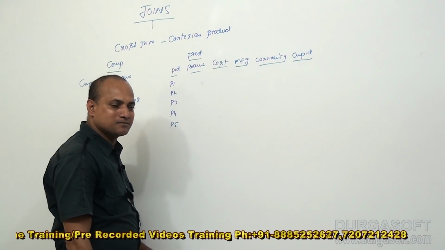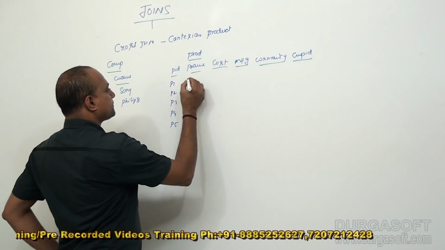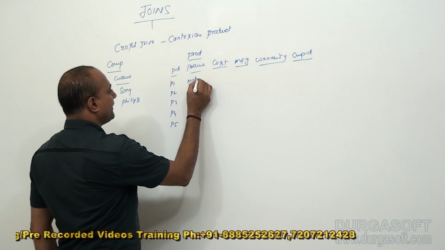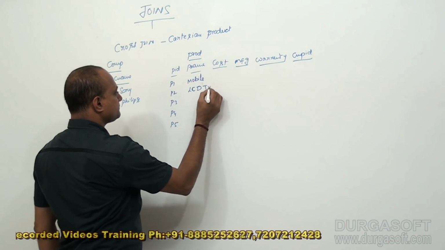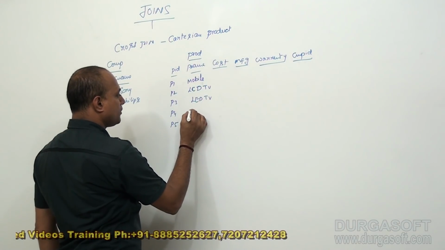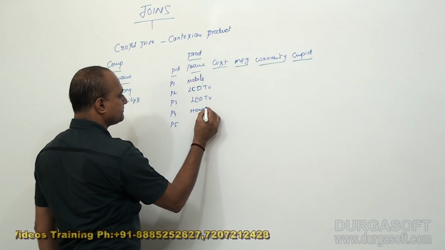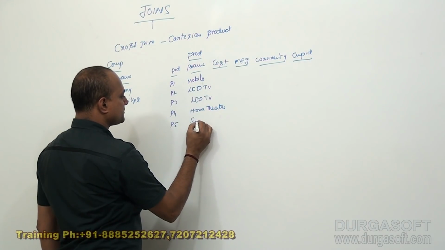What is the Cartesian product? Before that, let me take a sample table. The product names are mobile, LCD TV, LED TV, home theater, smart watch.